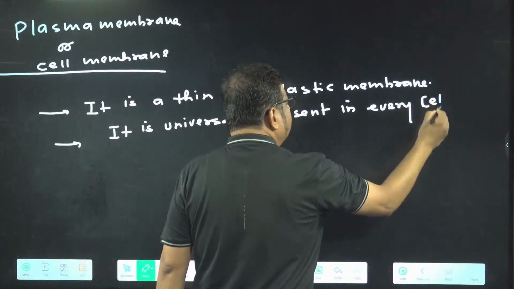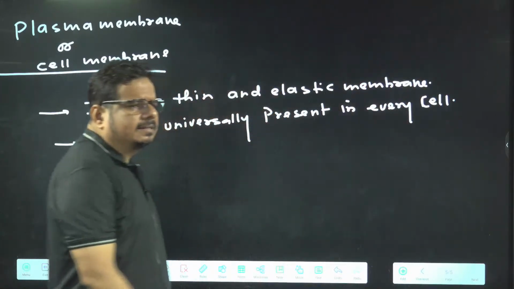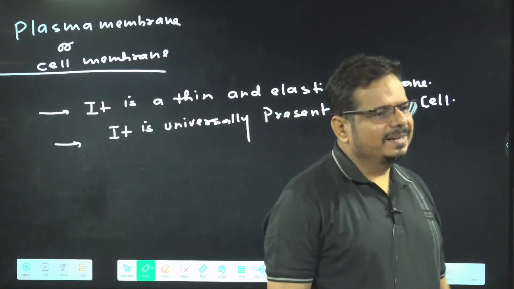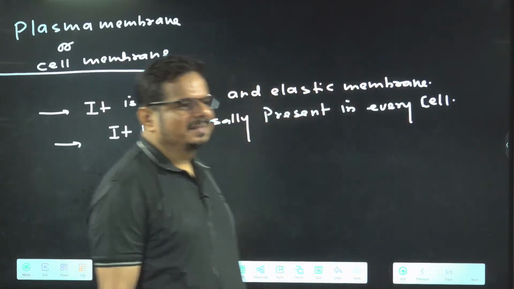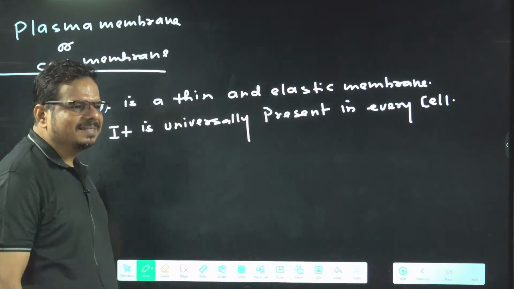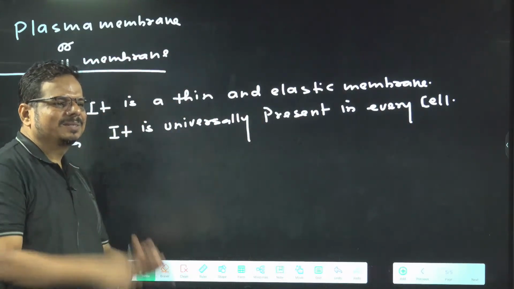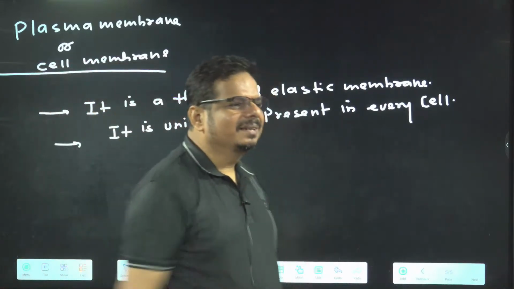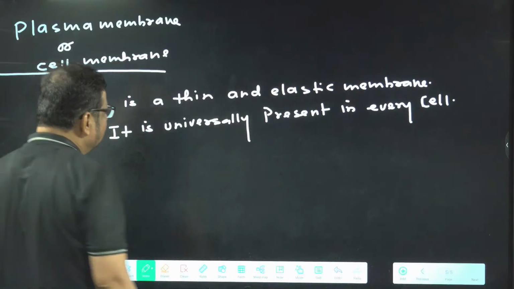You cannot tell me a single example of a living cell that doesn't have plasma membrane. Without plasma membrane, existence of life of the cell is not possible. So if any living cell is there, by default, plasma membrane is there. Able to understand?